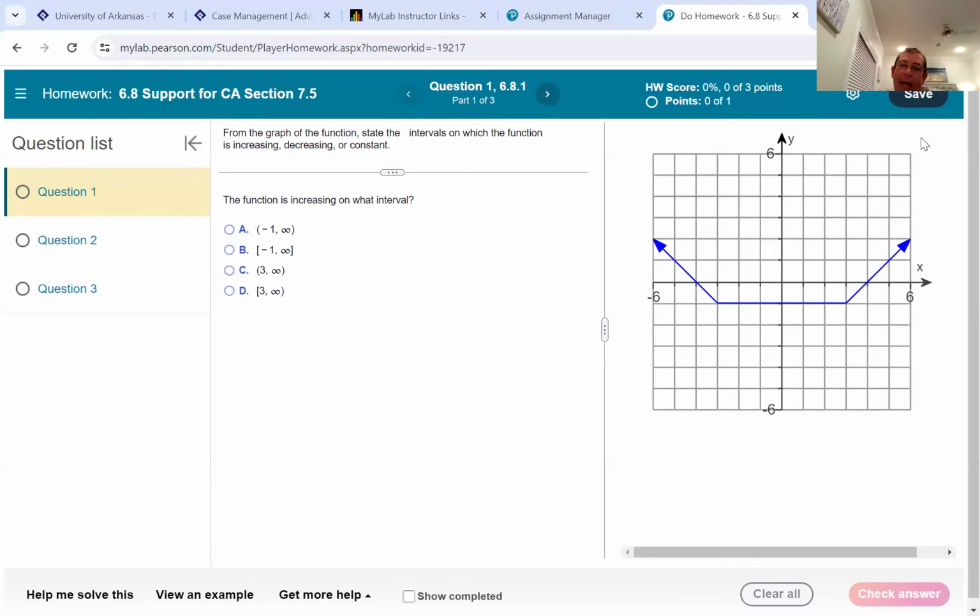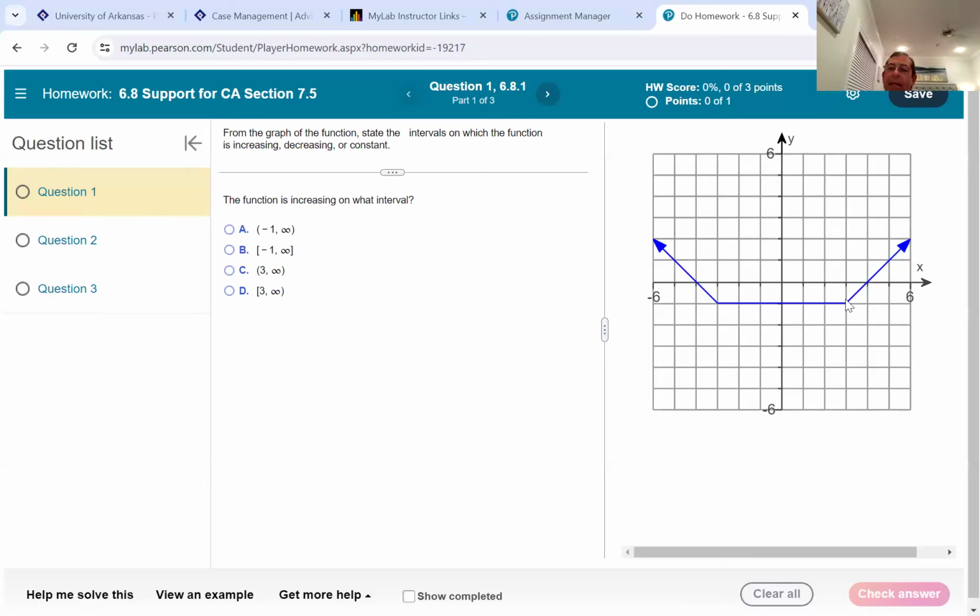So y'all, you got A, B, C, D answers there. On what interval is this graph increasing? That's the very right side of it over here, where the arrow's going uphill to the right. So it's increasing at that point where it's going from horizontal to uphill.